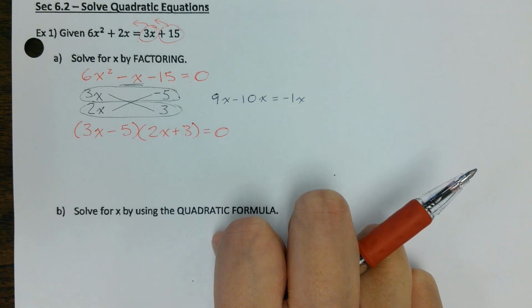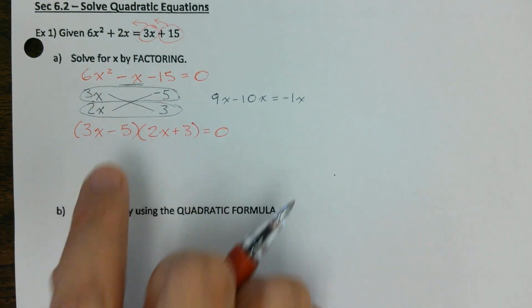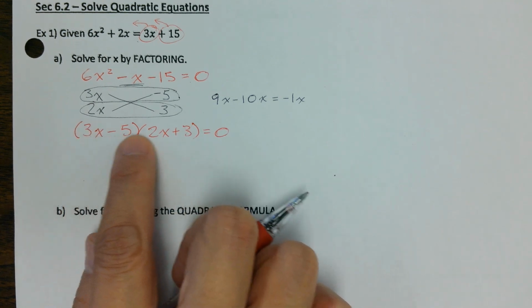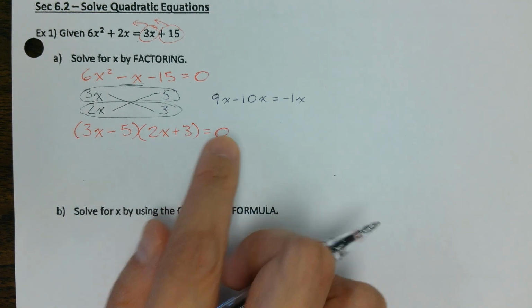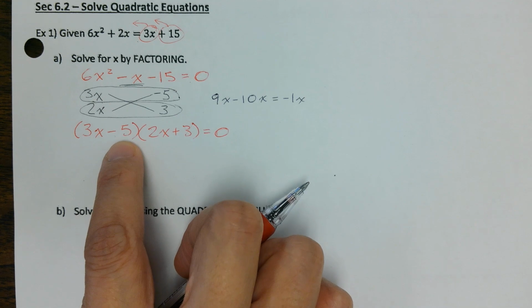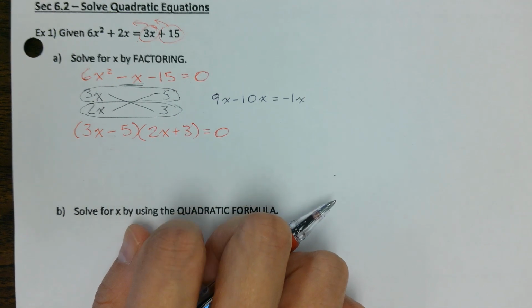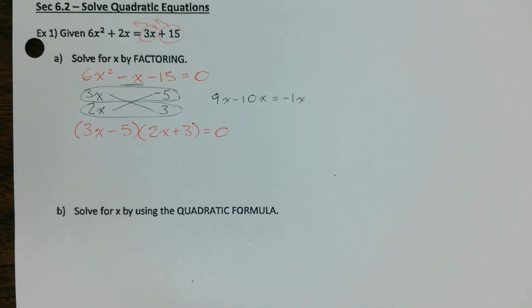Now in chapter 6, we're going to actually solve for x. We have to figure out what x is. Remember, my equation right here is equal to 0. So what's 100 times 0? What's 1,000,000 times 0? What's 0 times negative 1,000? 0. Say it with confidence, guys.